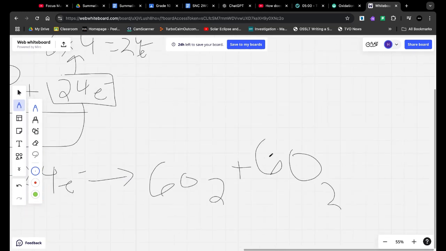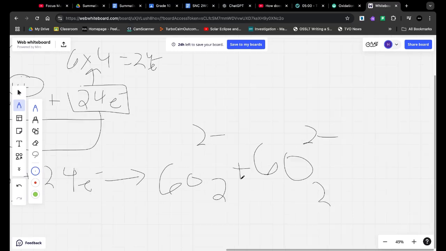So this has an oxidative state of 2 minus, and this has an oxidative state of 2 minus as well. Oxygen usually has a 2 negative state because it's so electronegative, so it will always gain the two electrons it needs for its valence shell to become stable.